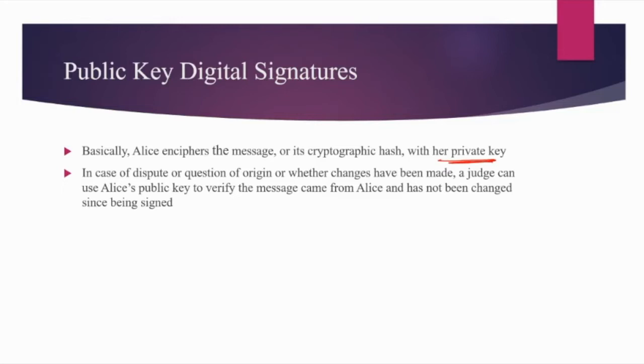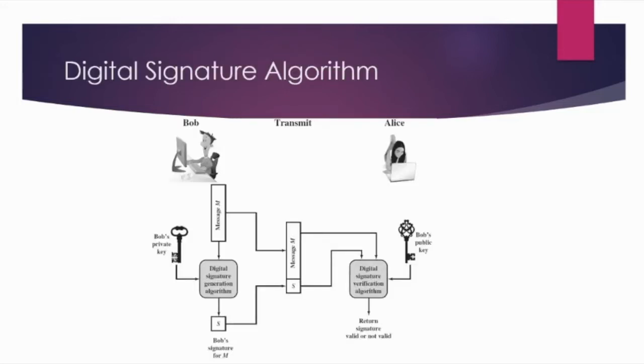So this is the basic algorithm, called the digital signature algorithm, and this is the diagram for the classic algorithm. Here, for any digital signature generation algorithm you can create, you can use either RSA or EC or whatever you want.